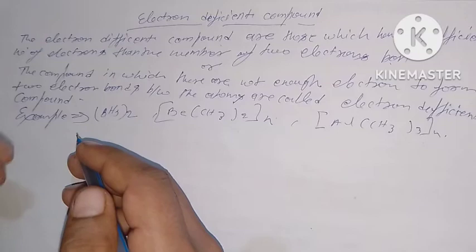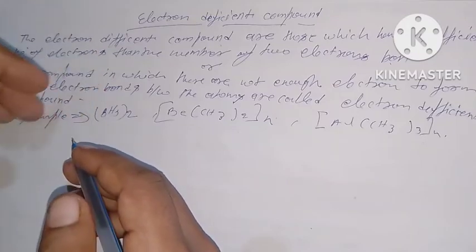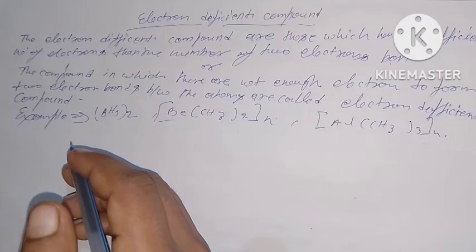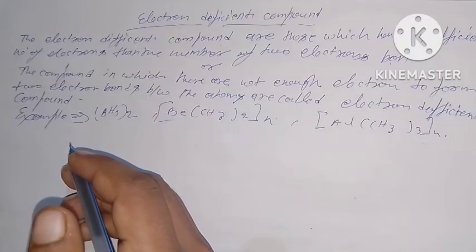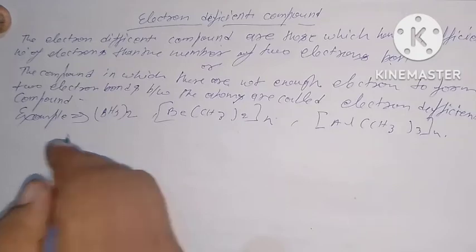Electron deficient compounds are given more by the elements of group 13, okay, than those of any other group. This is because the atoms in group 13 have the tendency to be four covalent but have only 3 valence electrons.